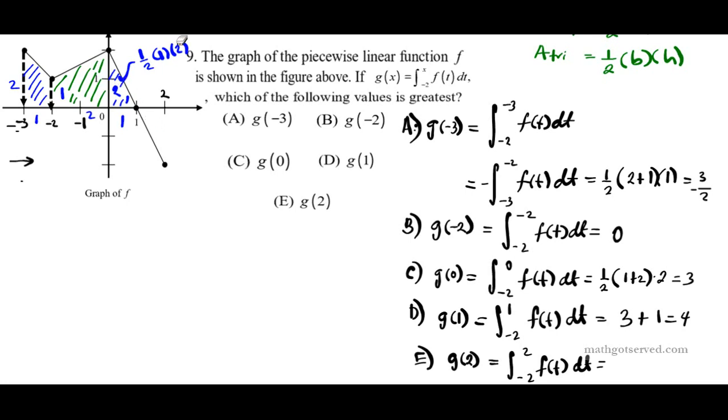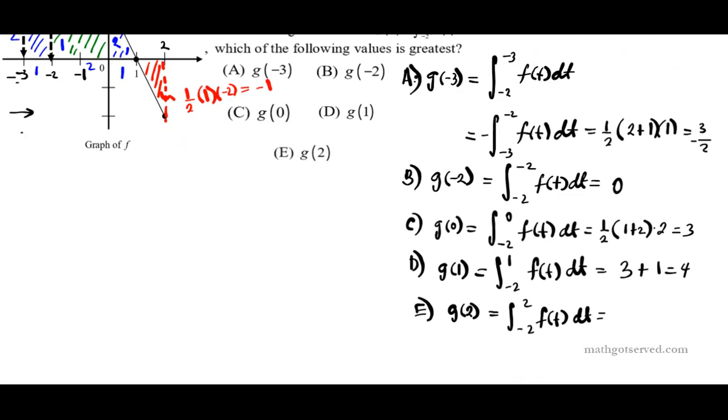This has an area of 1. The area underneath the x-axis has a negative height, so it's going to have an area of -1. If you want to do the work, 1/2 base 1 times height -2 is equal to -1. So we take that previous answer, the integral all the way to 1, which is 4, and we add the negative area, -1, and the answer is 3.